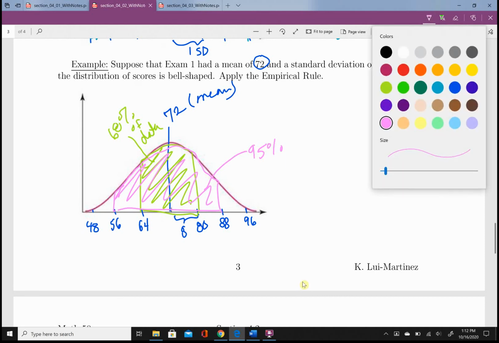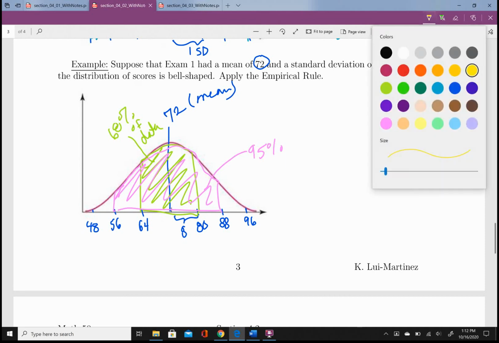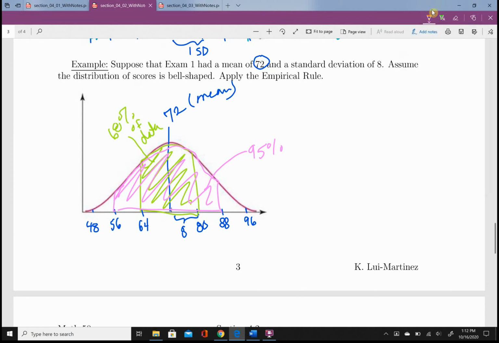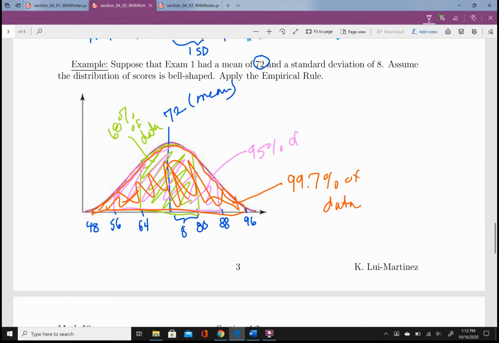And lastly, what's a good contrast color? Yellow's maybe too close to this green, so maybe we'll go with this bright orange. And then here, all the red stuff, or the reddish orange, is going to be 99.7% of data. Oh, I should write the words of data in this pink.